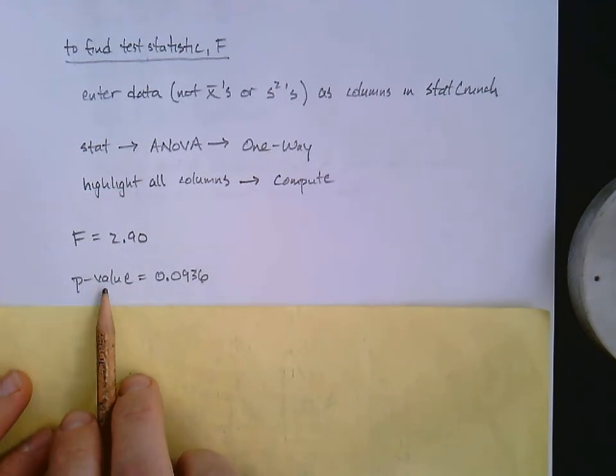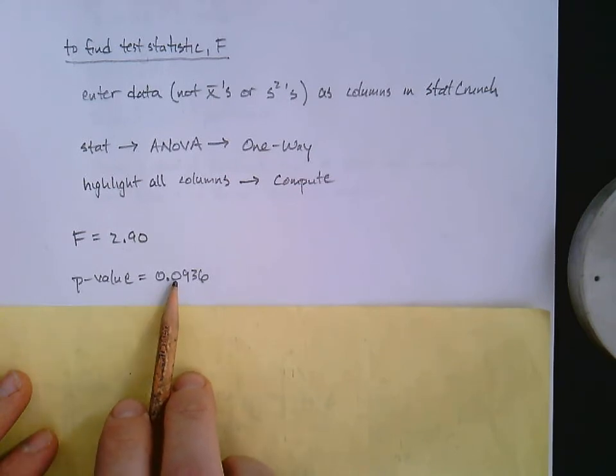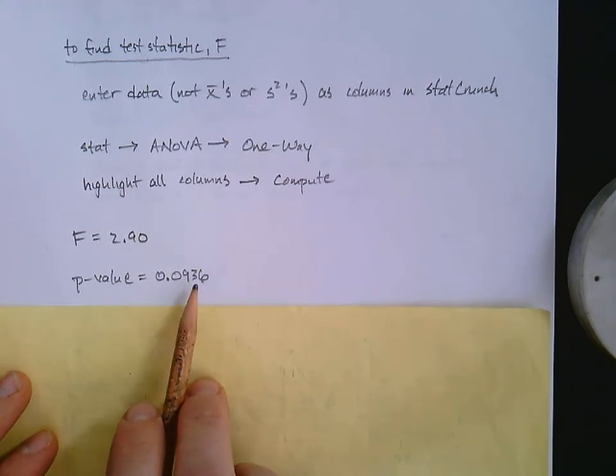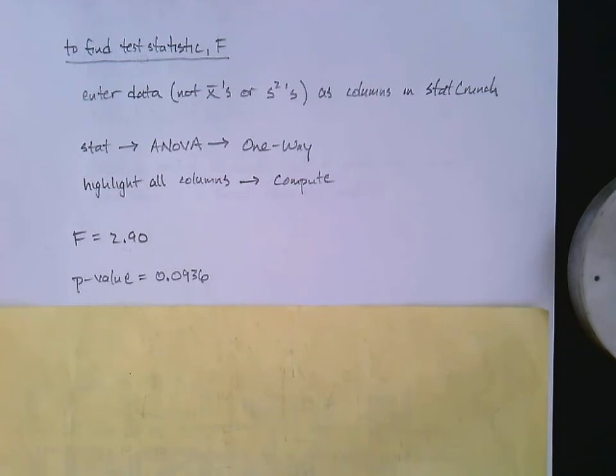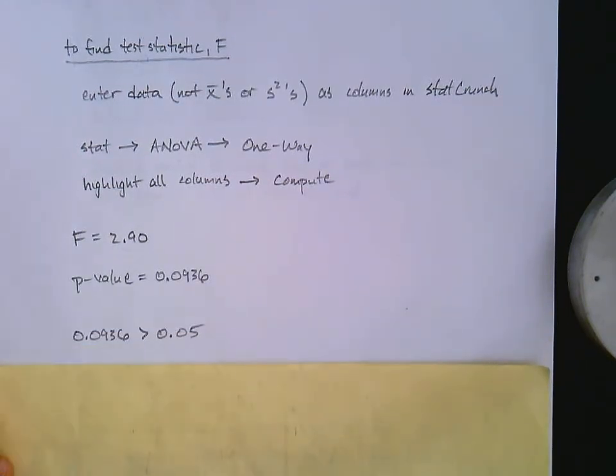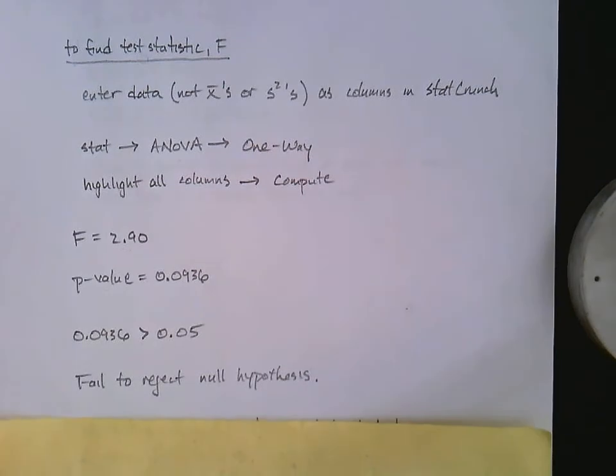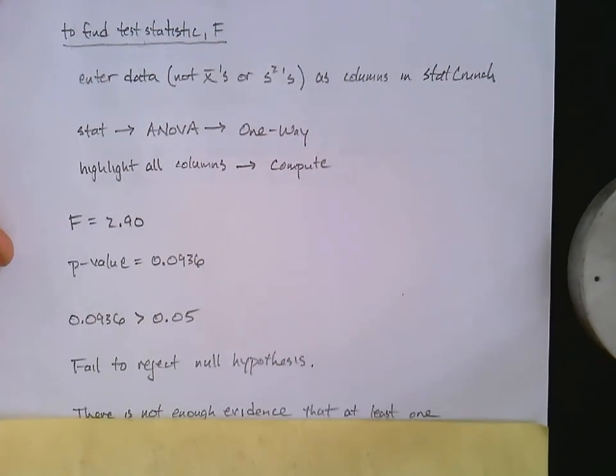So we came to a p-value of 0.0936. We compare that to our alpha. Of course, our alpha here is 0.05. So the 0.0936 was the bigger one. And if the p-value is larger, what does that mean? In this case, we fail to reject the null hypothesis.